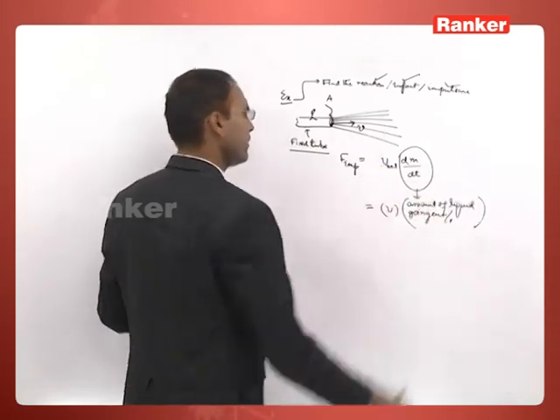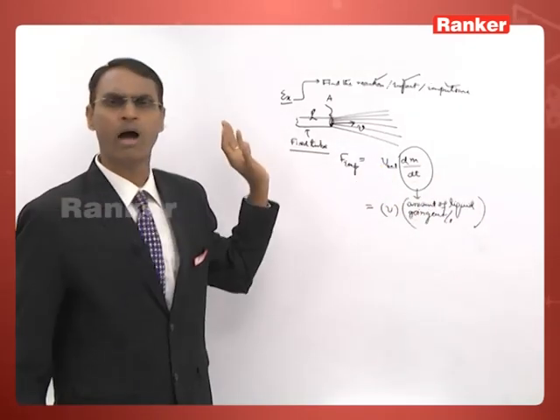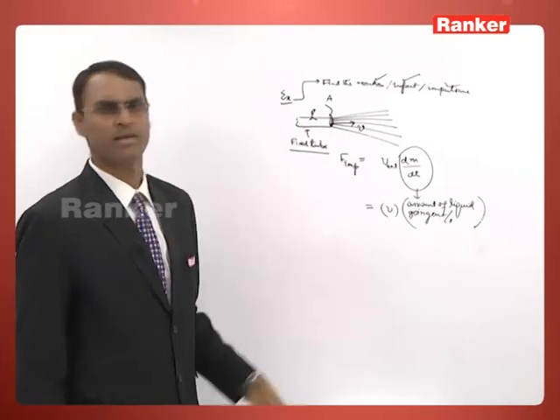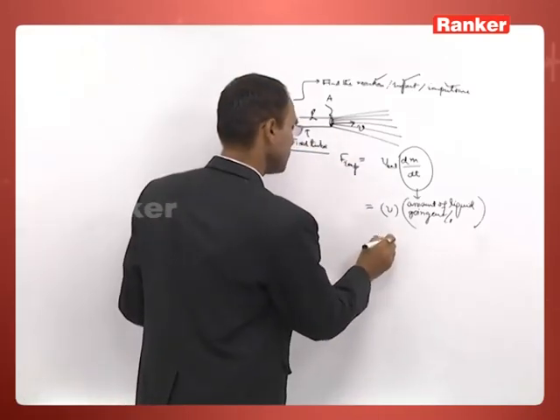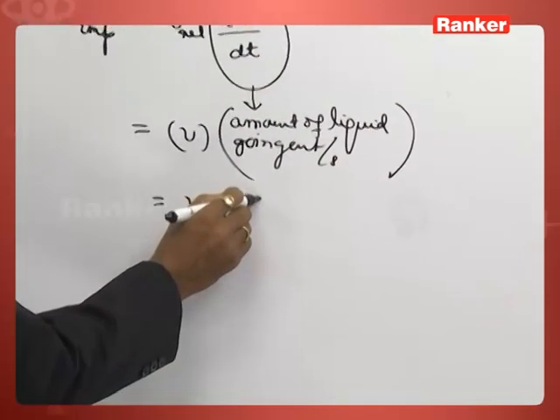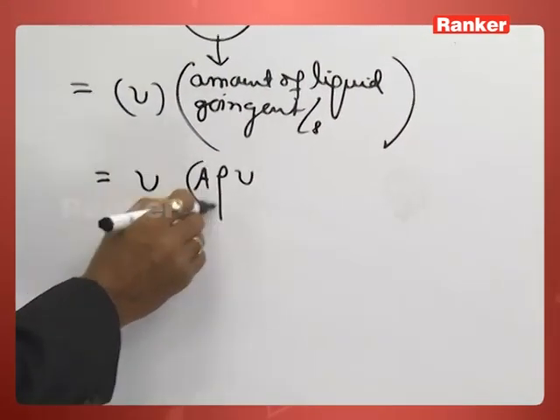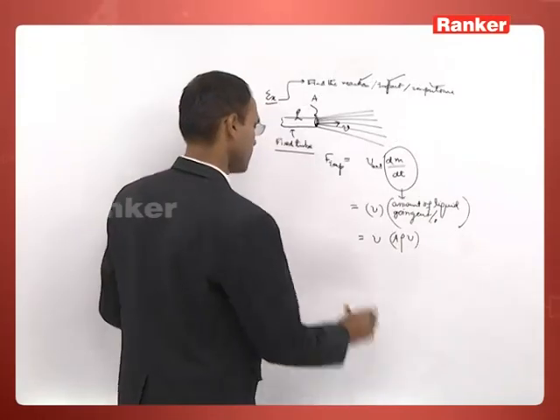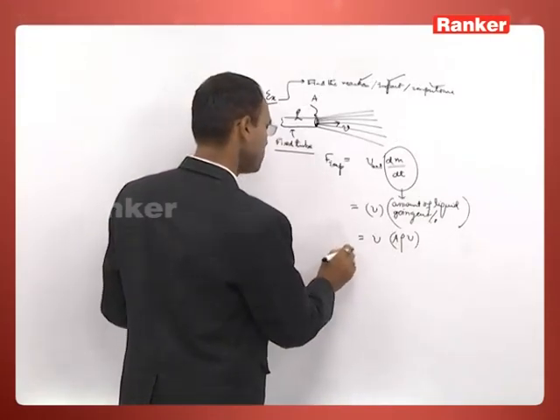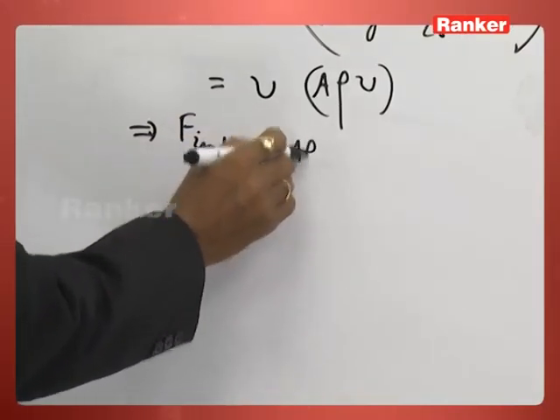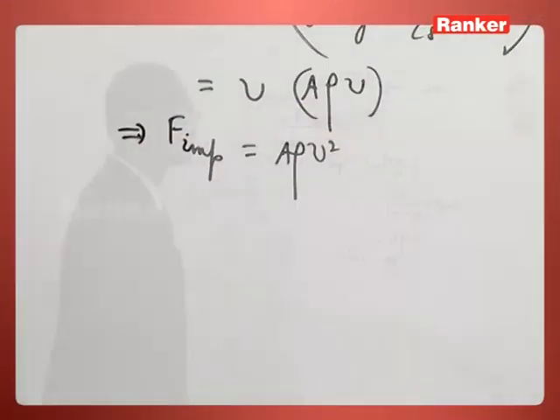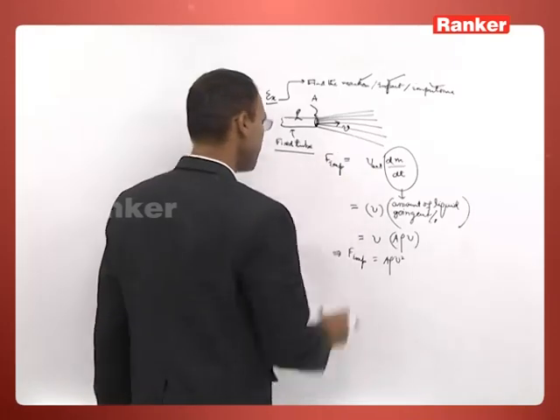Amount of liquid going out of the tube in 1 second can be given by equation of continuity, that's equal to A into rho into V. So we are getting the impulsive force A rho V square.